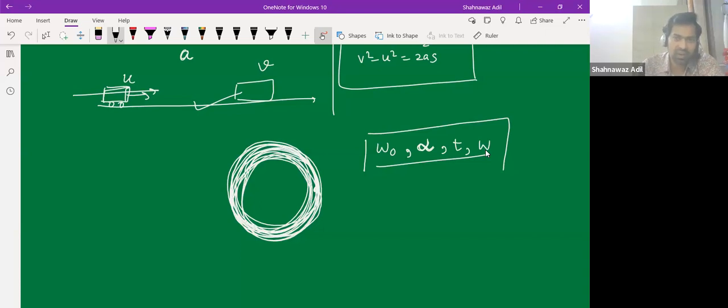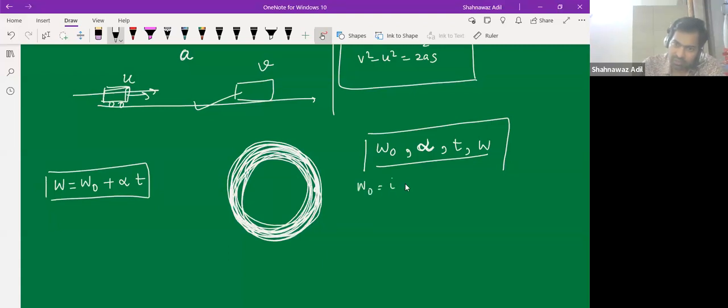We just take the analog and write: final velocity is initial velocity plus acceleration into time, right? So w naught is the initial angular velocity or angular speed. What do I mean by angular speed?